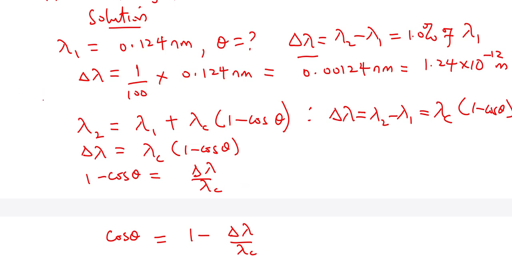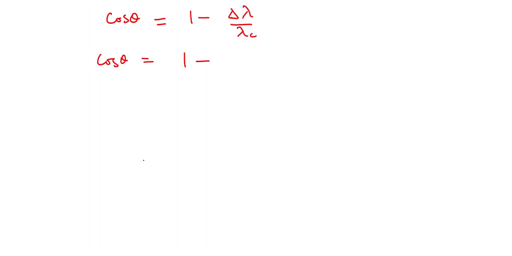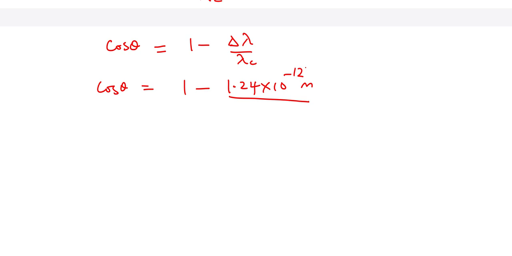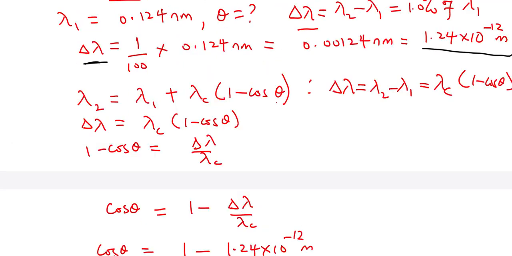So this is our delta lambda, and the value is 1.24 times 10 power minus 12 meters, then divided by lambda c, that's the Compton wavelength.